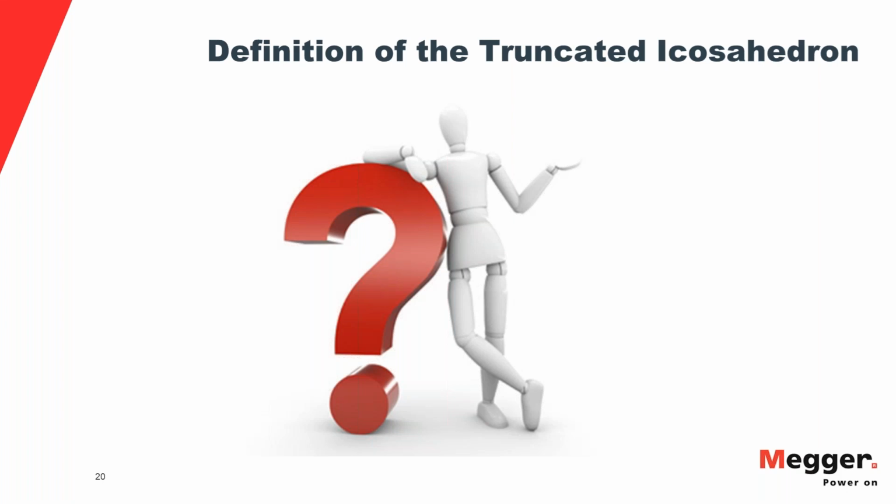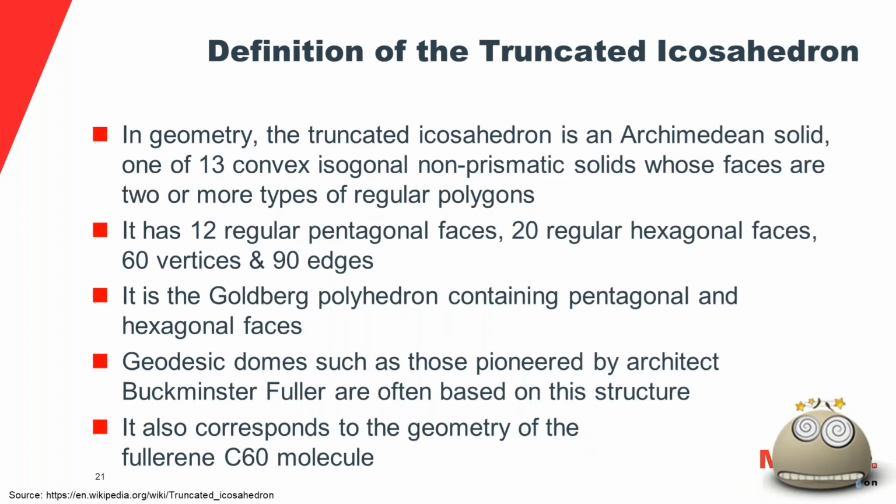So here we go. He said, okay, I want to explain what a truncated icosahedron is. And if you go, for instance, on Wikipedia and you get all the definitions of what it is, you know, in geometry, a truncated icosahedron is an Archimedean solid with 13 convex, isogonal, non-prismatic faces.